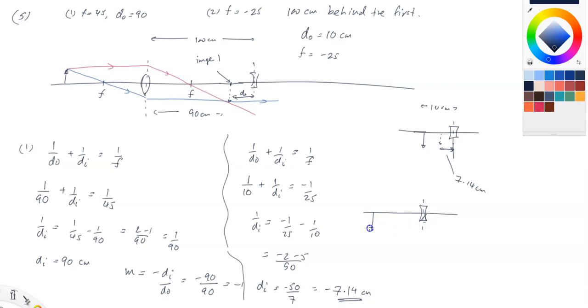Here's the object. Light comes in. The focal point is over here, 25. Parallel light diverges such that it appears to come from its focal point. The one that goes to the center goes without bending. Where they meet, here you have a small image.